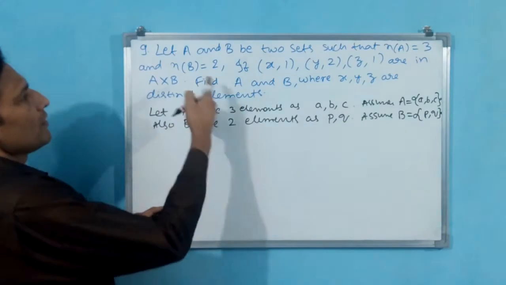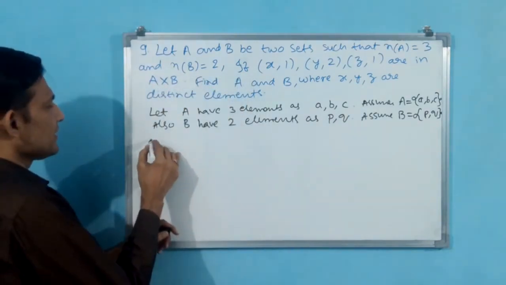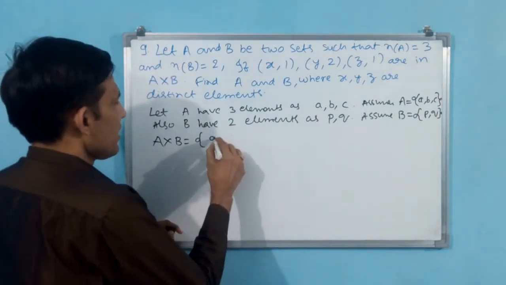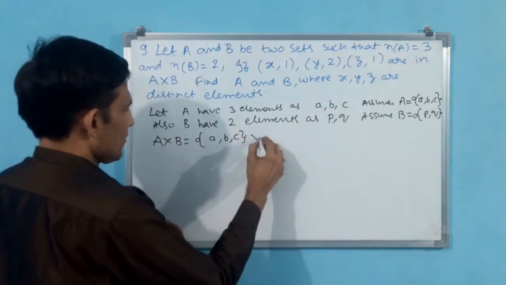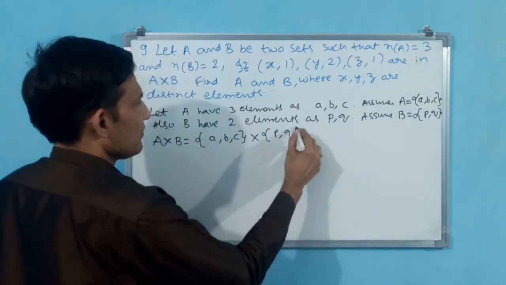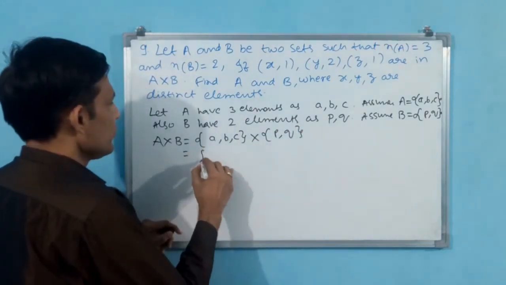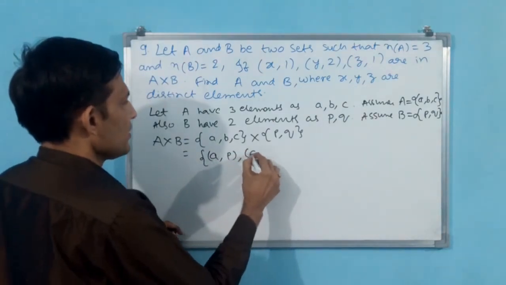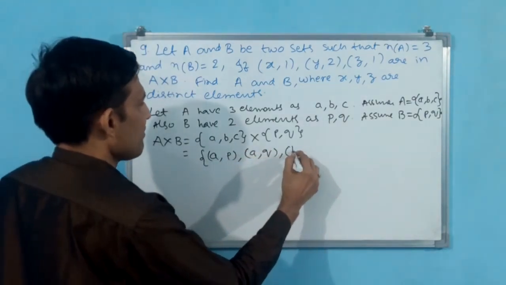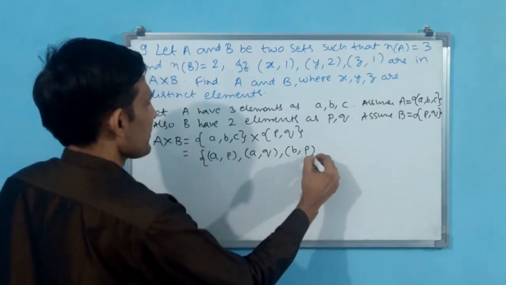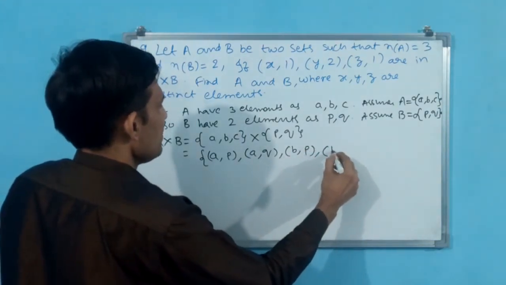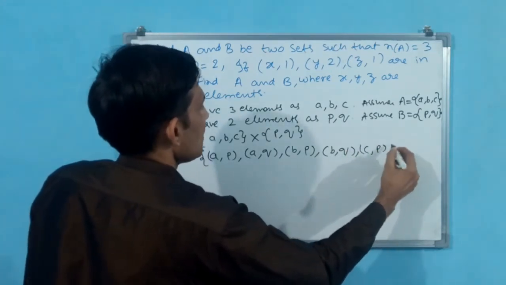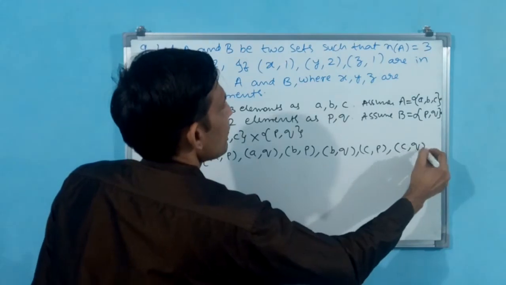Then now we come to the cross product. A cross B is equal to {a, b, c} cross {p, q}. This is going to result in {(a, p), (a, q), (b, p), (b, q), (c, p), (c, q)}.